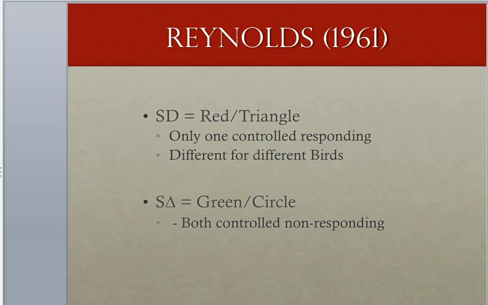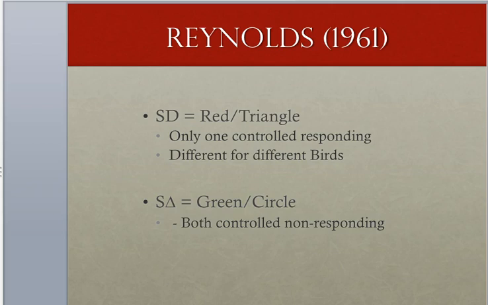With the S delta, what he found was that when he presented just green by itself, the birds would not respond. And when he produced just the circle on a black background, the birds did not respond. So they clearly had learned both about green and the circle. But when it came to the SD, only one of the two aspects controlled their behavior.